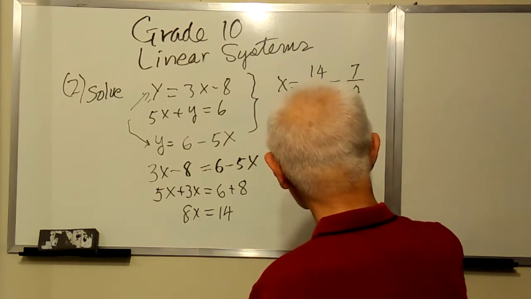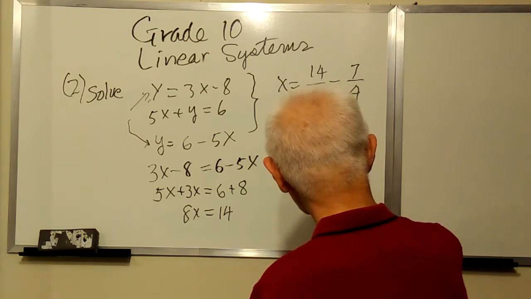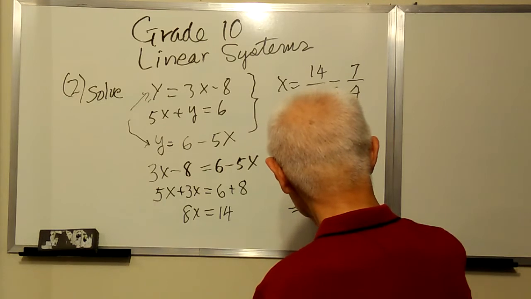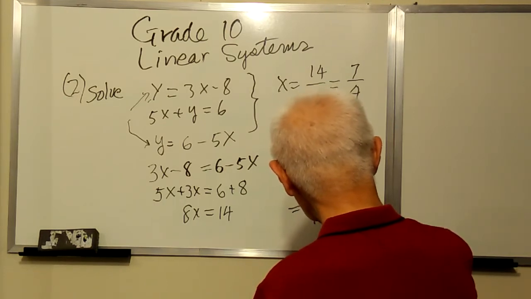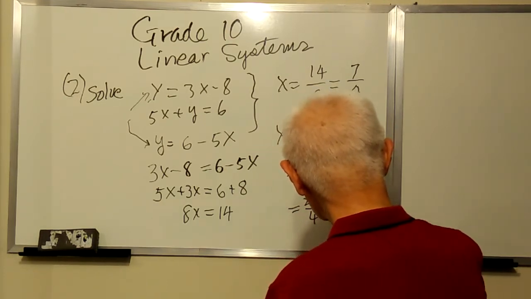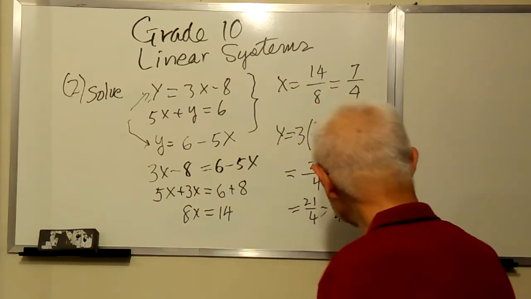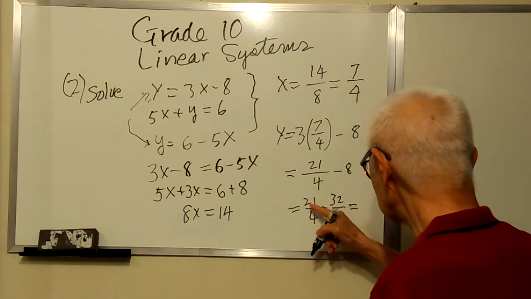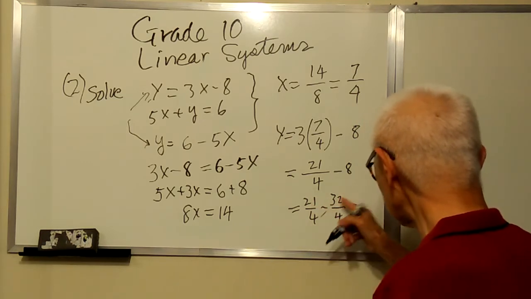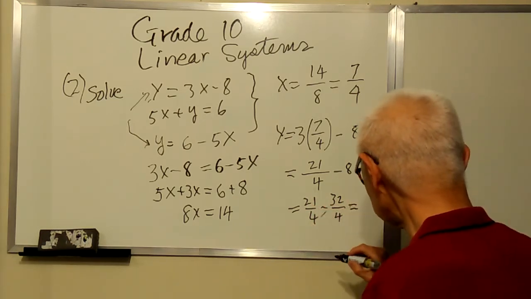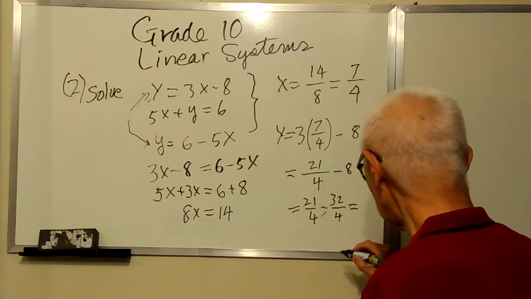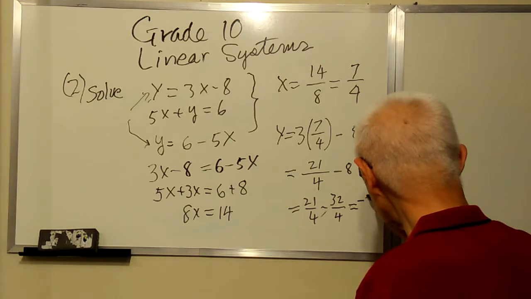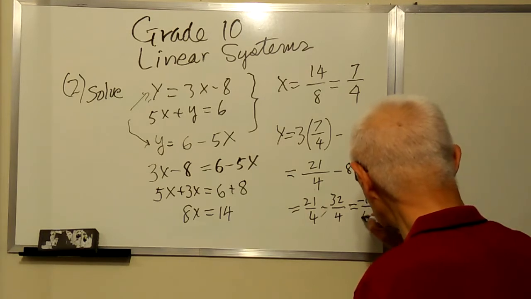So 21 over 4 minus 8. Common denominator, and this is equal to 32 minus 21 with a negative sign. It's 11, right? Negative 11 over 4.